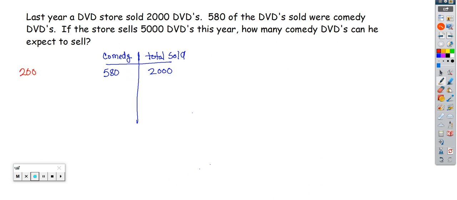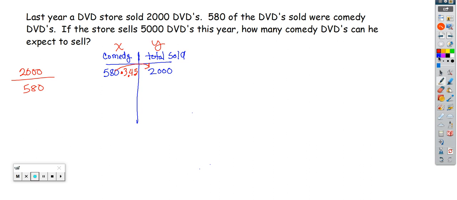Remember, this is my X, and this is my Y. It's Y over X. So 2,000 divided by 580, that is, I'm going to round it, 3.45. So 580 times 3.45, and that's a rounded number, gives me about 2,000.